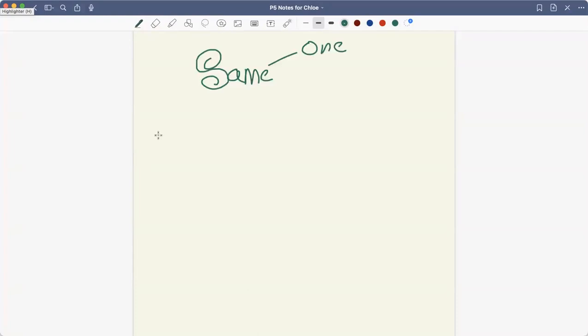So for the same one, you see two objects, keyword, and then one change. So this is called same one. So this is the concept.